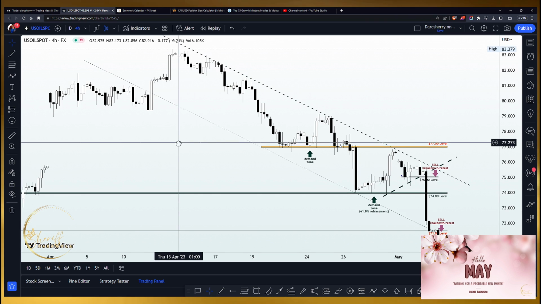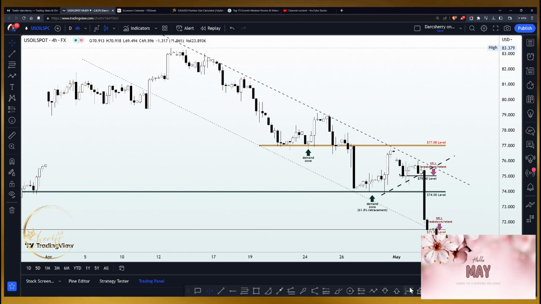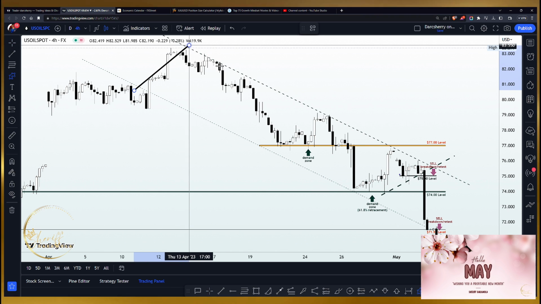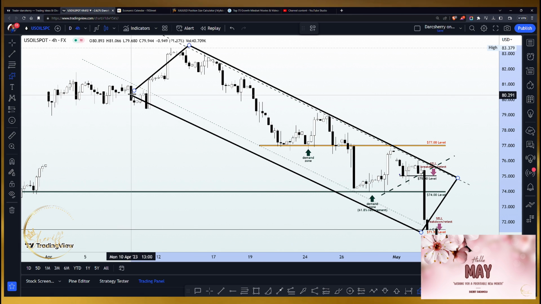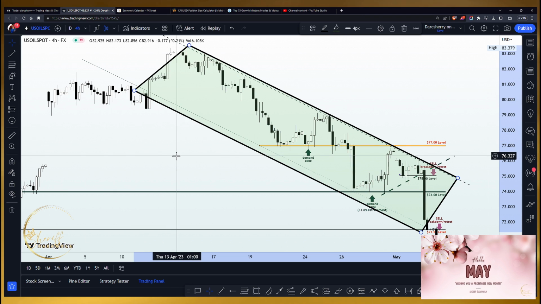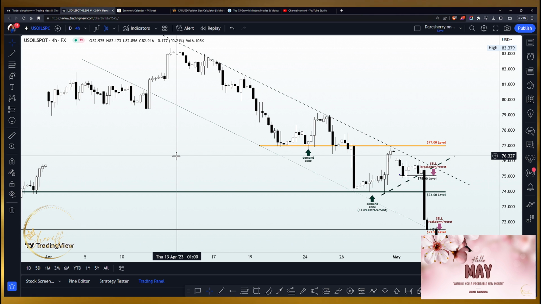And to further emphasize the strength of the sellers in this market, we saw price action evolve into a descending channel after we connected a series of lower highs and lower lows in this market, which gave us a very uniform descending channel, which we've said we are going to be using to guide our trading activity for this week.